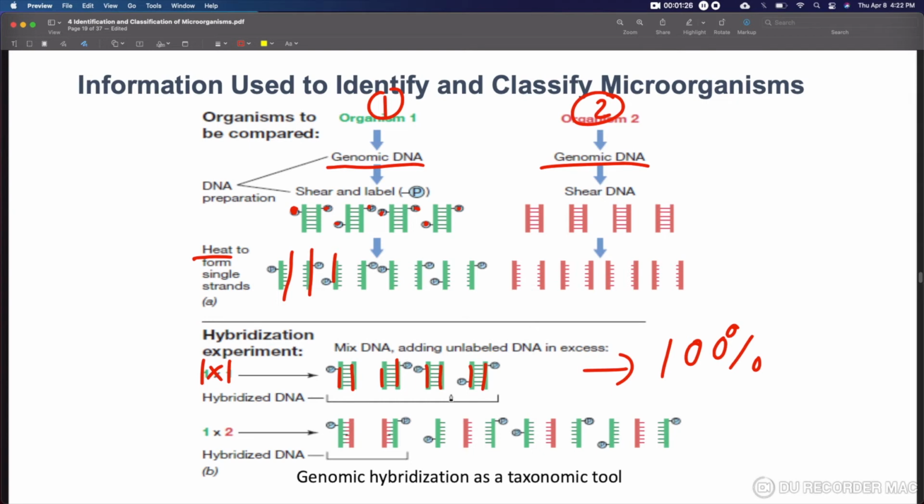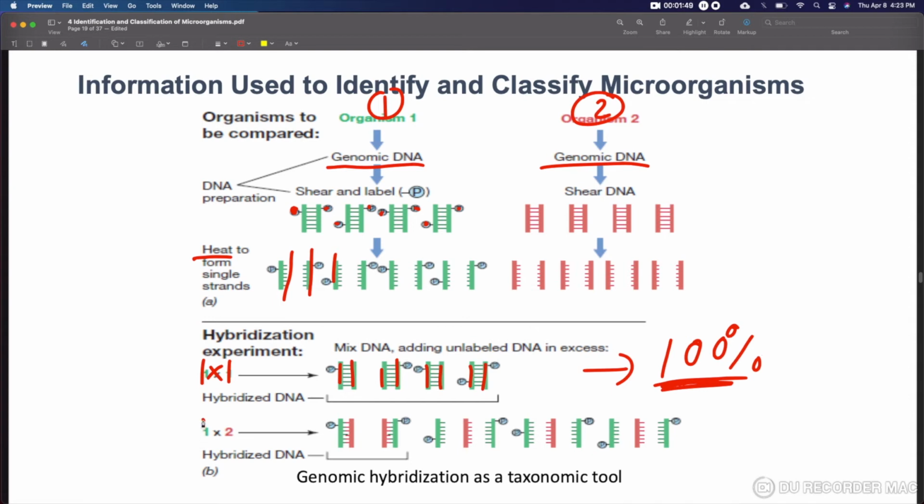It's the control, so it's 100% level of radioactivity and level of hybridization. That means because it's the DNA of organism 1 hybridized to the DNA of organism 1, it will surely have 100%, and that would mean it's the same strain of the same species. Because this is the control.